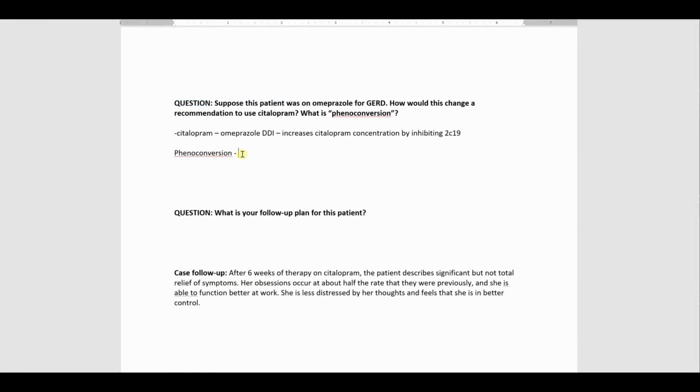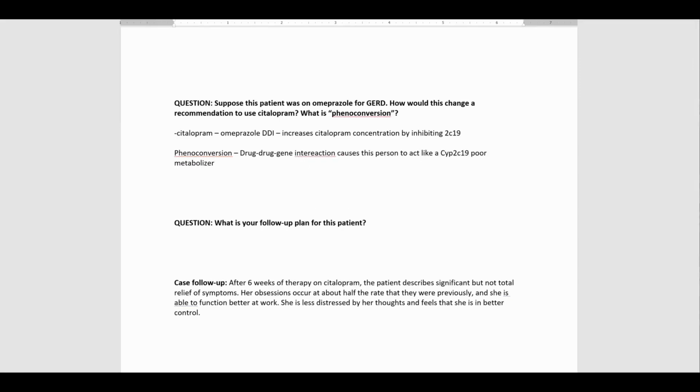So often what people will call this is a drug-gene interaction. So it causes this person to act like a CYP2C19 poor metabolizer, which in this case might actually be somewhat useful because we're looking for slightly higher levels of citalopram in an OCD patient. But again, we need to be aware of this because it might actually lead to side effects that are obviously undesirable in our monitoring for this patient.